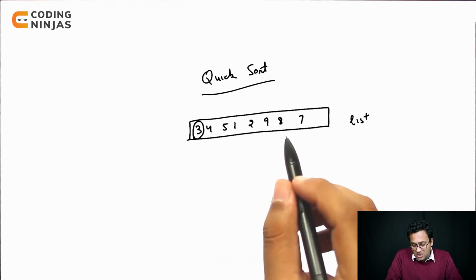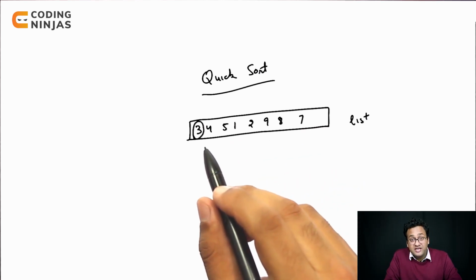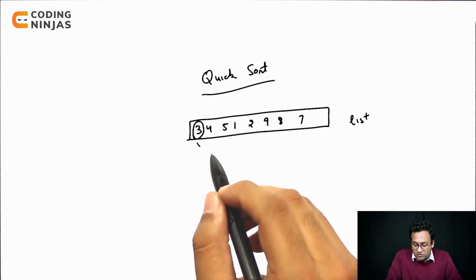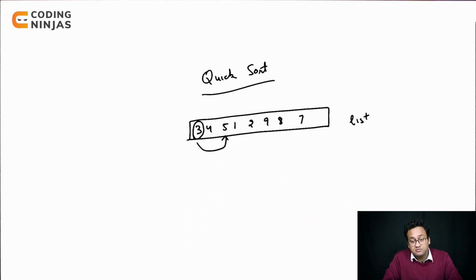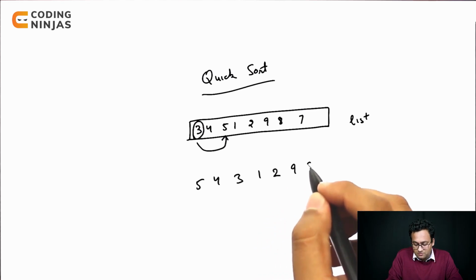So 3, if you look here, after 1 and 2, 3 will be the next number in your list when it is sorted. So 3 has to come to this particular place. So it says take 3 to its required place. Pick any number, take 3 to its right place. So you will make the list to be this.